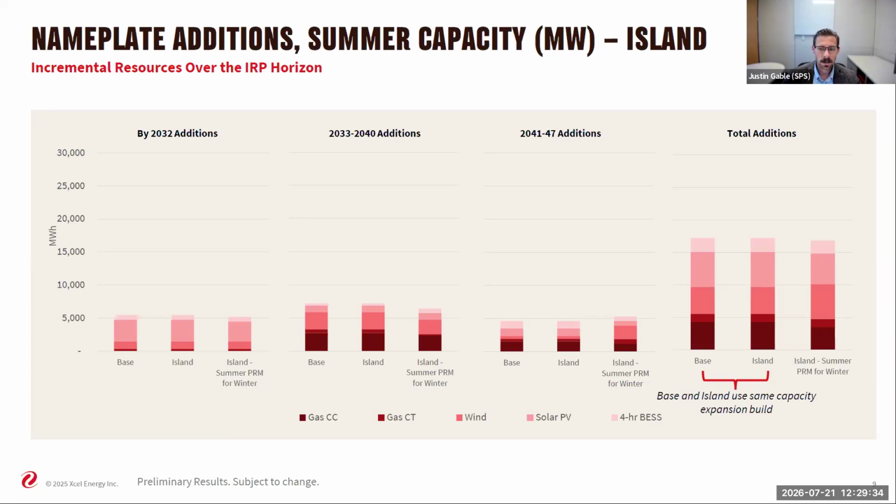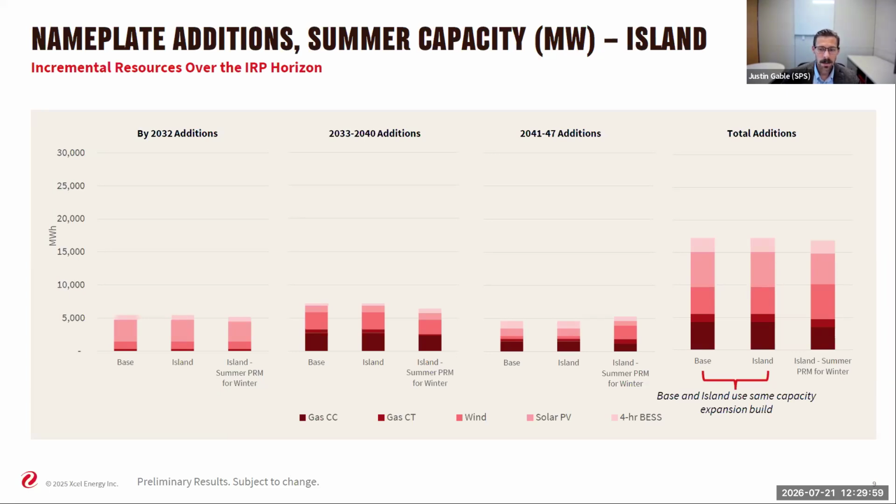The islanded scenario with the summer PRM does produce slightly lower thermal resources in favor of more renewable and battery storage, but in general, the build outs are fairly similar. They do, however, have some pretty significant differences between the base and these islanded scenarios on expected unserved energy, which we'll discuss in a little bit.